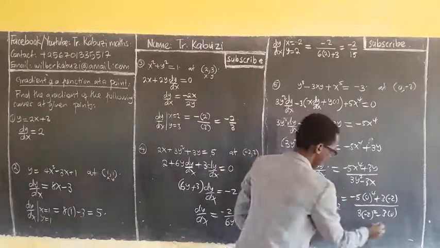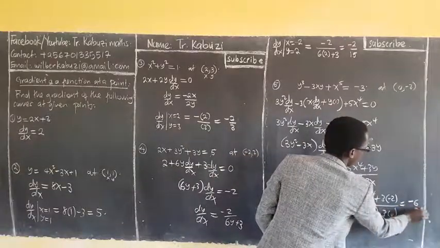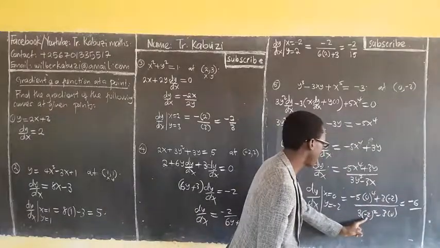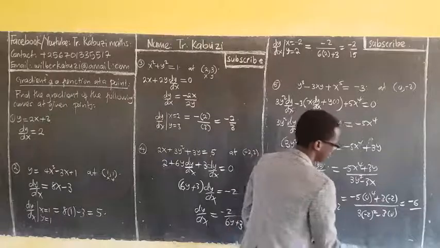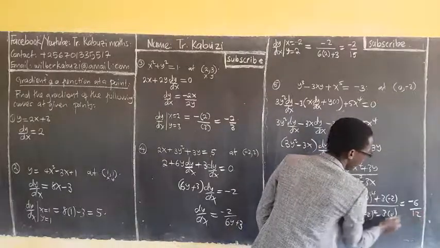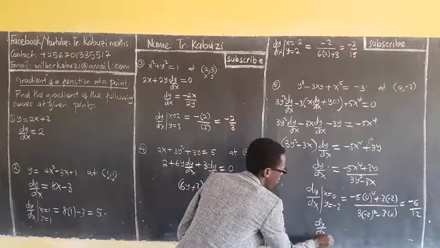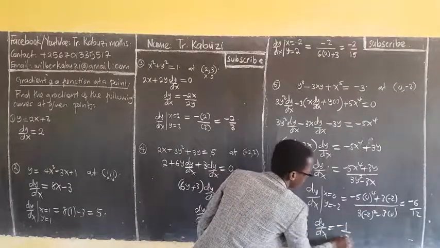This will be negative 6 over 12, so the gradient at that point will be negative a half.